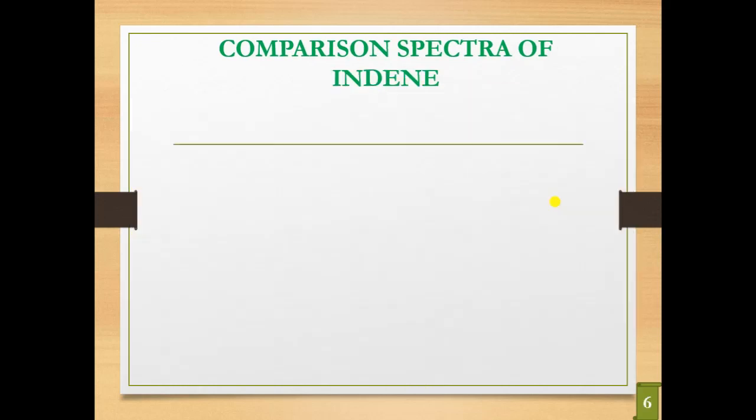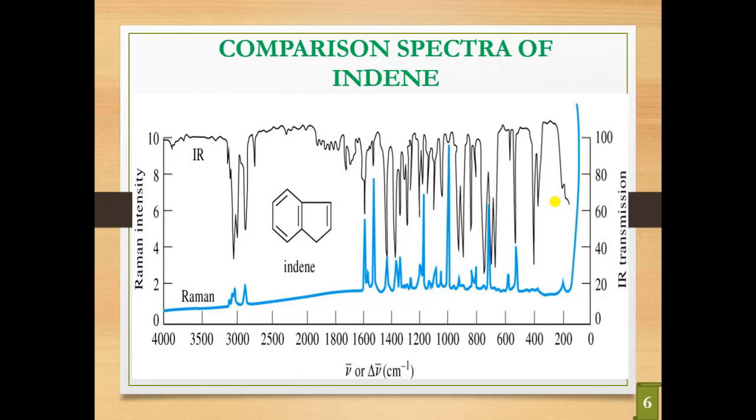Now, the next example is the comparison spectra of indene. Here also you can see the structure of indene. This is the IR transmittance spectra of indene, and this is the Raman spectra of indene. Here you can observe that IR gives a more intense peak, but Raman has a much less intense peak.